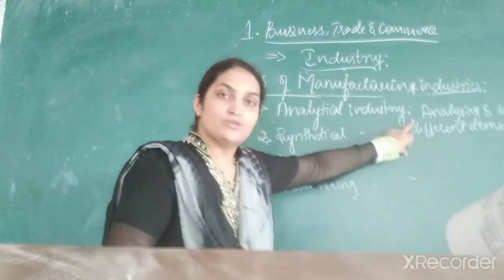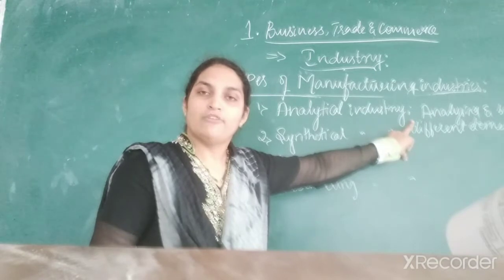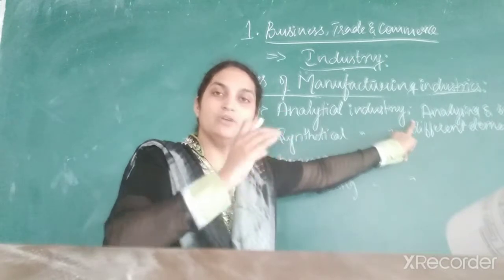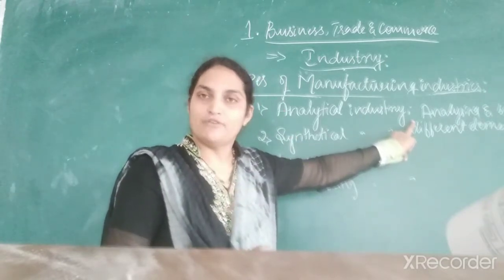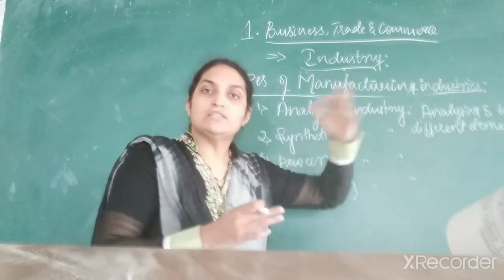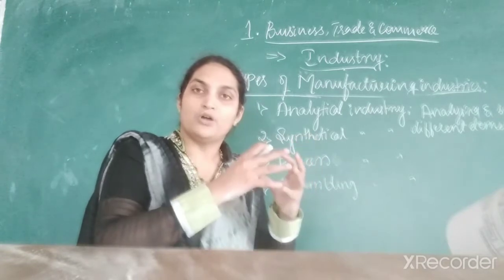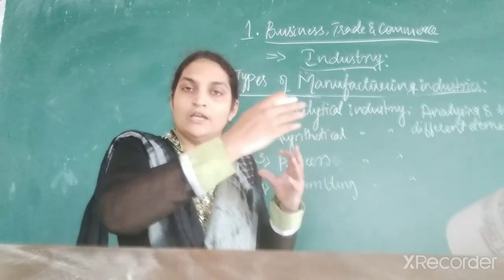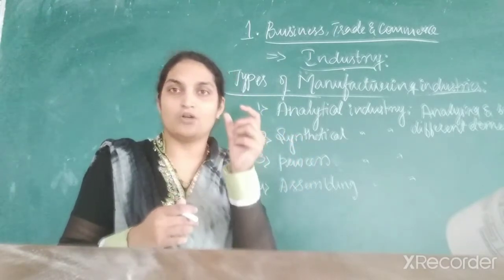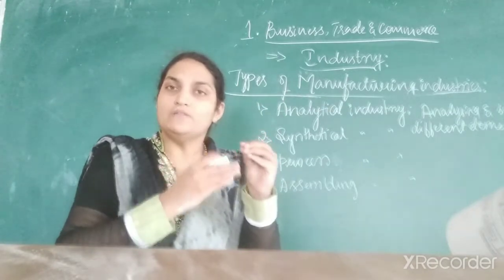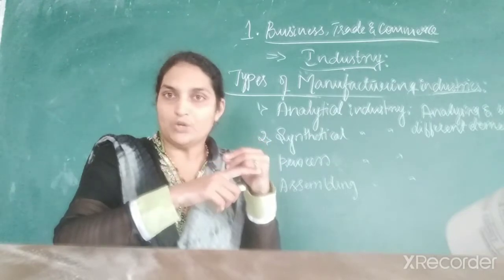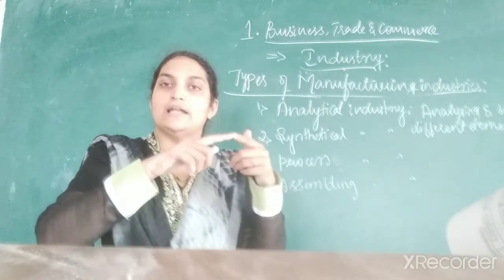As in case of an oil refinery. In oil refinery, it is only a single raw material. From that raw material, we will separate the different elements. For example, crude oil is a raw material. So from the crude oil, we will separate the different products, like white petrol, petrol, diesel and grease.